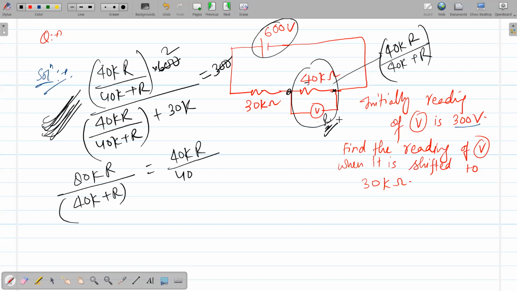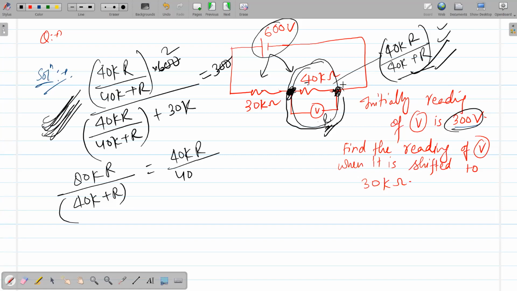Here I wrote the equivalent resistance of this combination across these two points. Now I'm dividing the potential difference across these two resistances. Across these points the potential difference is 300 volt, because the voltmeter measures the potential difference only across the points at which it is connected.